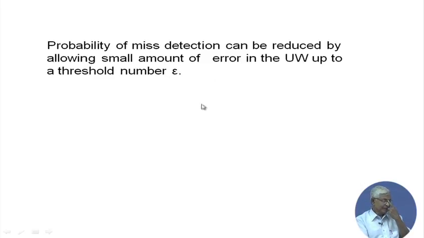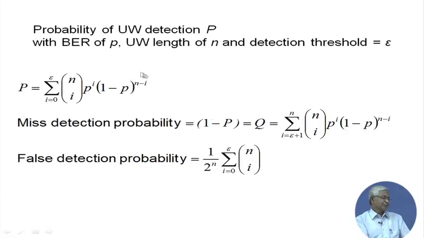That is, you can put a threshold of error tolerance, and this expression is known to you: the misdetection probability is 1 minus P, where P is the probability of detection, which with tolerance is the sum over I equal to epsilon plus 1 to n, where n is the header size, of nCI, where small p is the bit error probability.